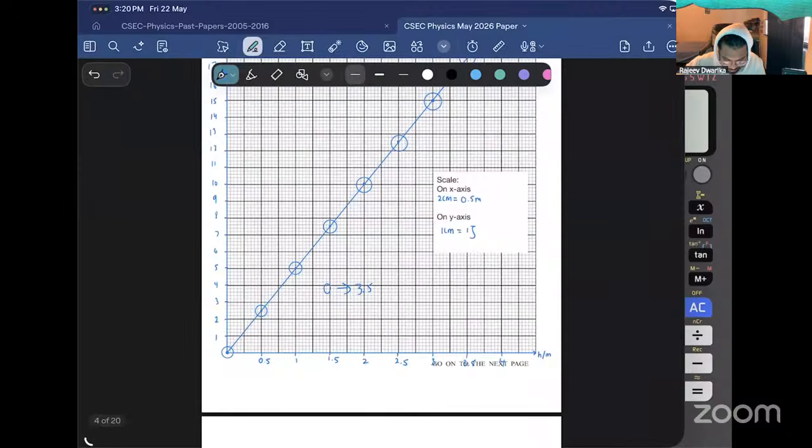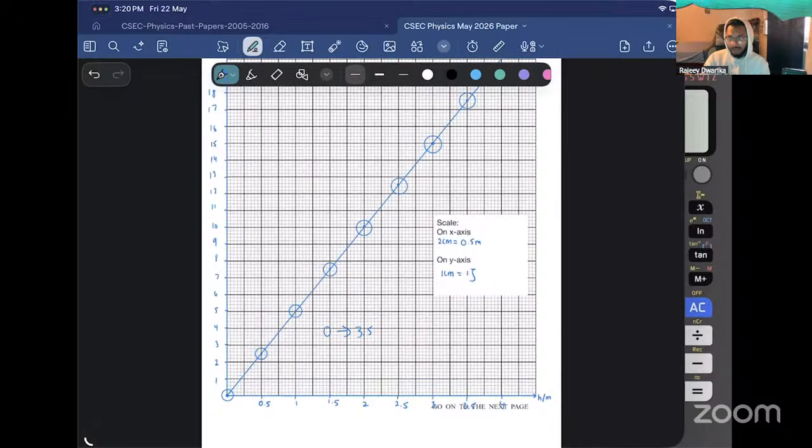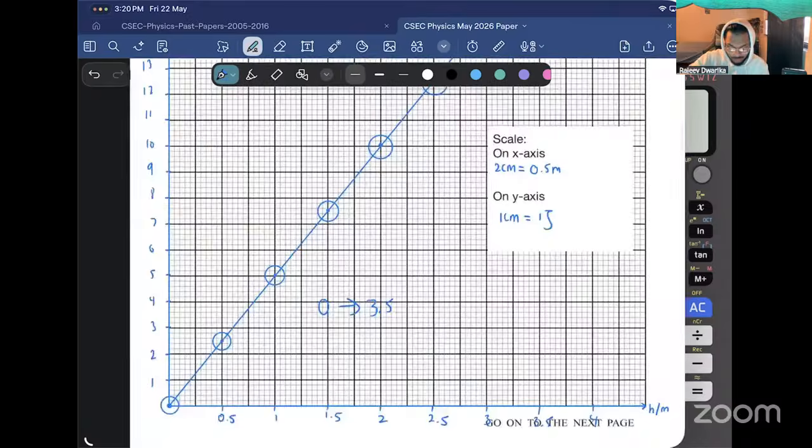Well, in this particular question, you could use the points given. Did they mention best fit anywhere here? No, sir. If you draw a best fit graph, then it implies that some of the data was inaccurate and the line wouldn't pass through the points. But the line is clearly passing through all the points here, so you could use them. That's the most efficient thing to do.